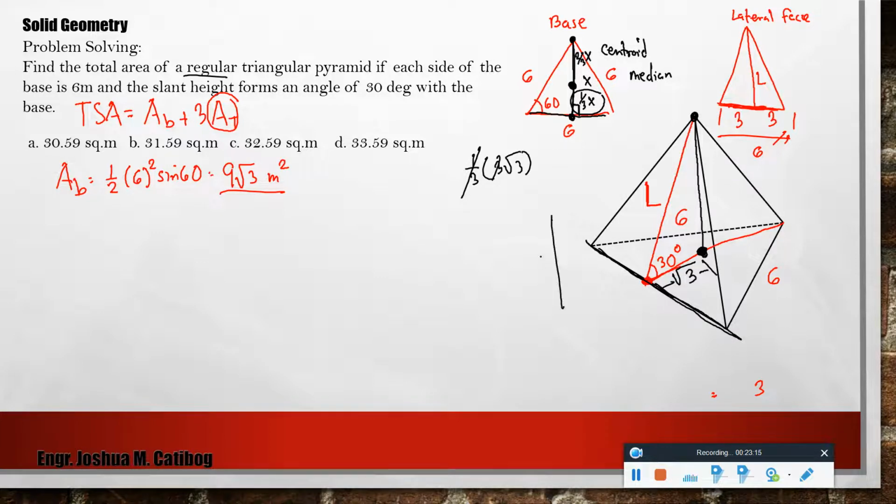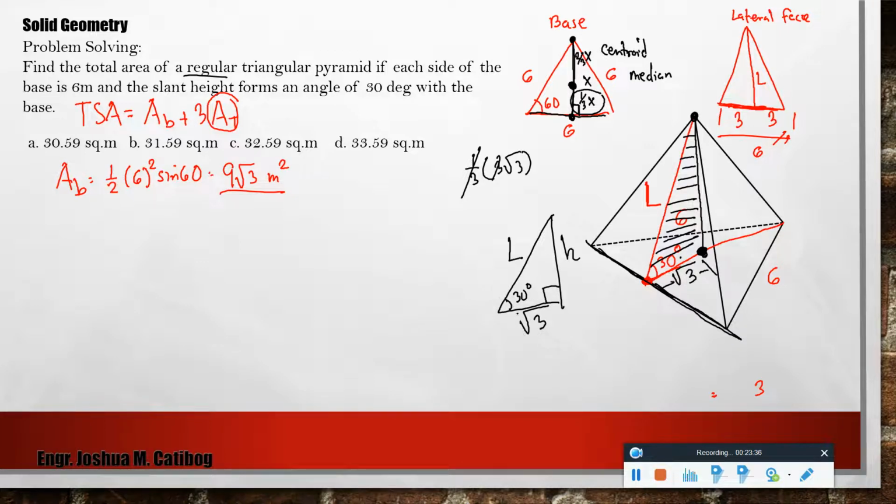Therefore, makakabuo po ulit tayo ng isang right triangle. Ito po yung ating height, ito po yung L, ito po yung ating 30 degrees, at ito po yung ating square root of 3. So, please imagine po yung area po ng ating triangle na to. Nakakita po ba? From here, this is a right triangle.